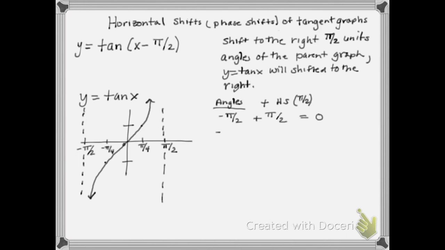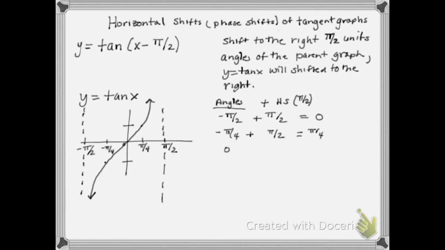Then we have negative pi over 4. If we add pi over 2, you can add these on a calculator, so you don't have to worry about getting the common denominator, but if you want to do that, that's fine. Negative pi over 4 plus pi over 2 is pi over 4.